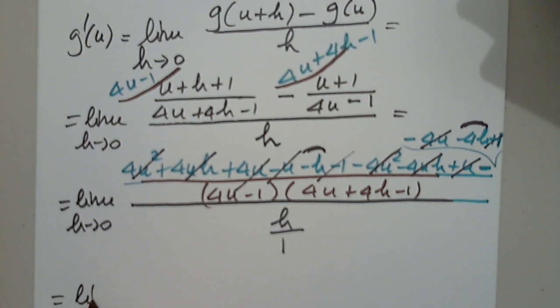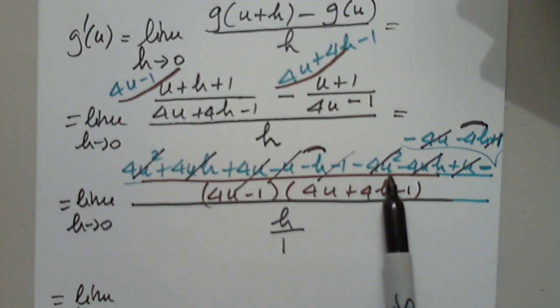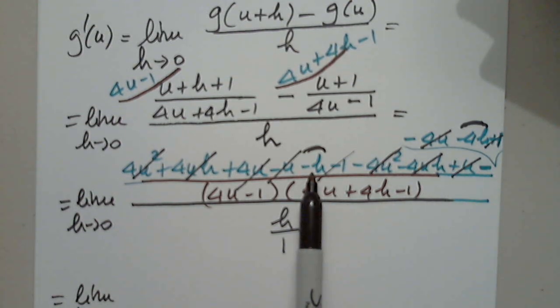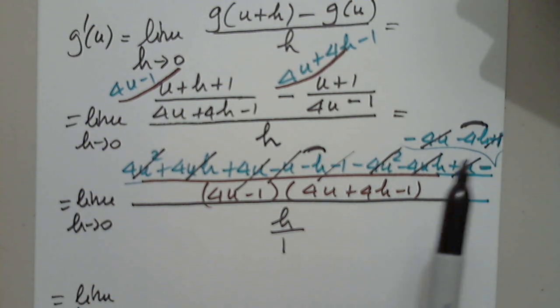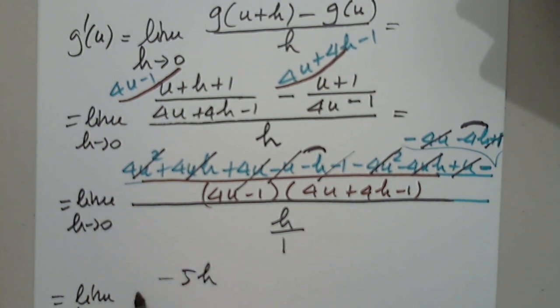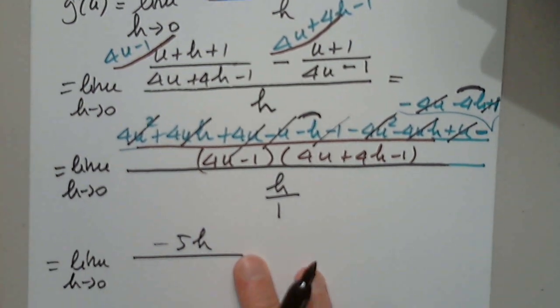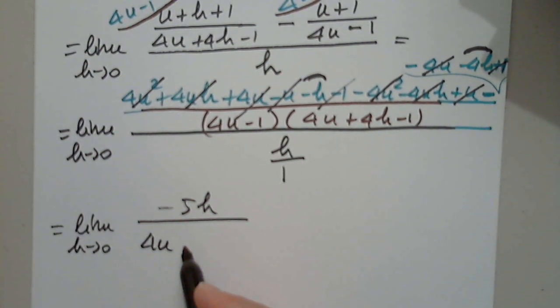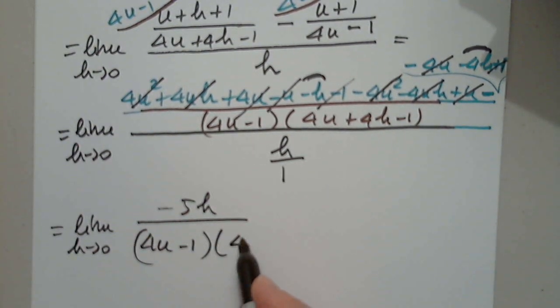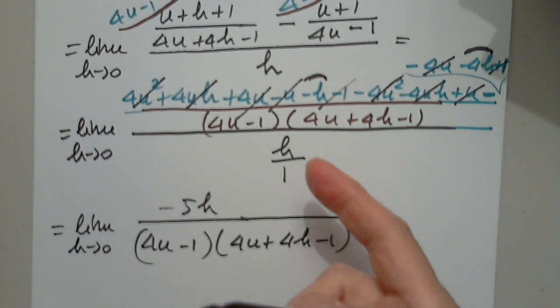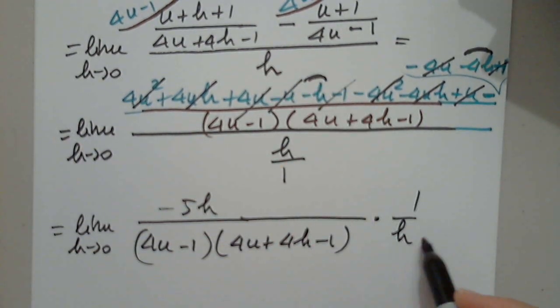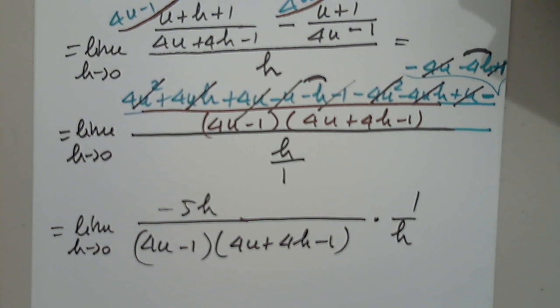So therefore, I have the limit as h approaches 0. Everything is gone except the minus h and the minus 4h. Minus h minus 4h is minus 5h, over 4u minus 1 and 4u plus 4h minus 1, times 1 over h. What has to happen next?